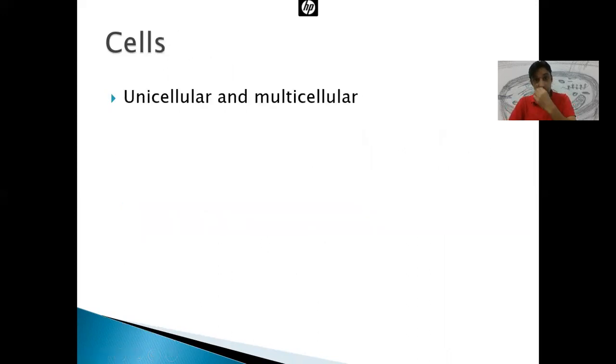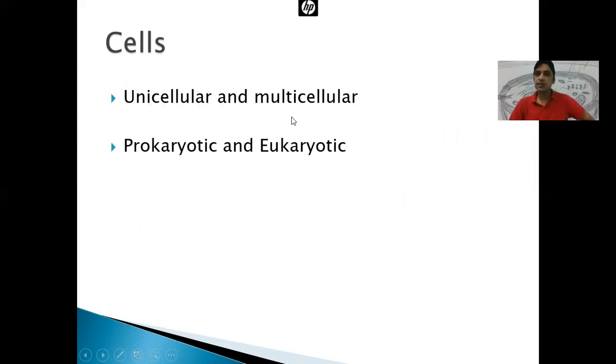Cells can be categorized into different categories based on the nature of the cells and based on the number of cells. For example, if an organism is made up of one cell, it is called unicellular. If an organism is made up of a lot of cells, it is called multicellular.